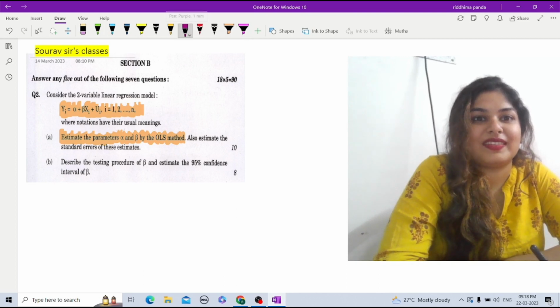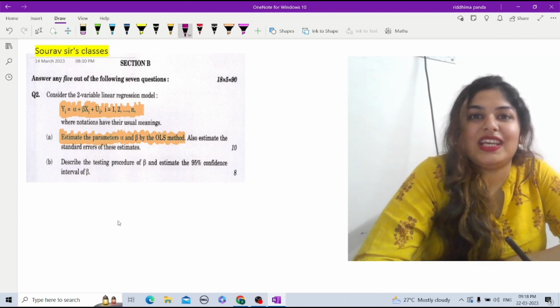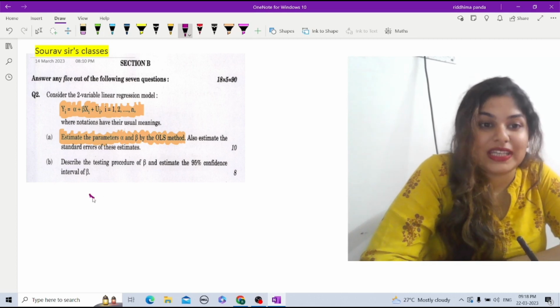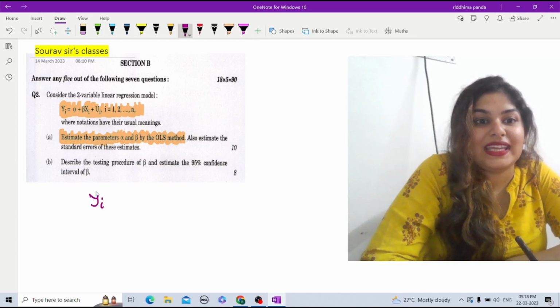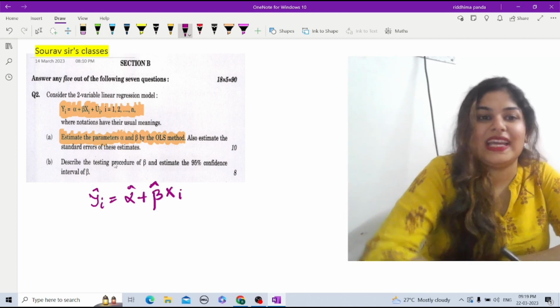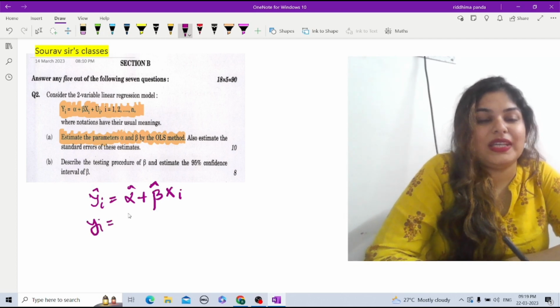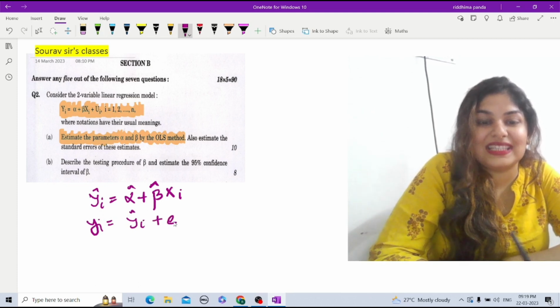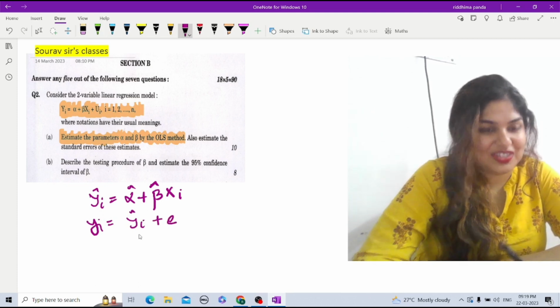Okay, right. So initially, we know that the estimated value, that is yi hat, equals alpha hat plus beta hat xi, right? And the actual value is basically this estimated value plus the error of estimation, right?